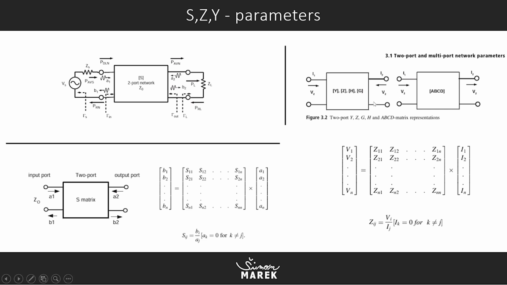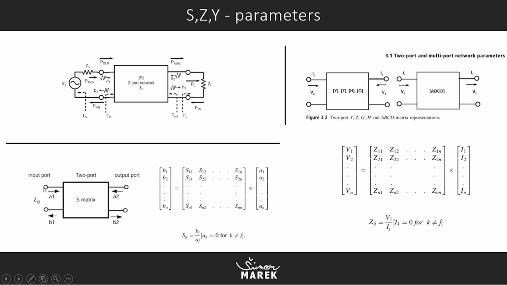So this is basically our device. This is our amplifier, and we will have some input, which is here. This is the input side, and there is the output side, and our device is here, and the S parameter basically tells us the gain of the amplifier or the reflection of the amplifier.